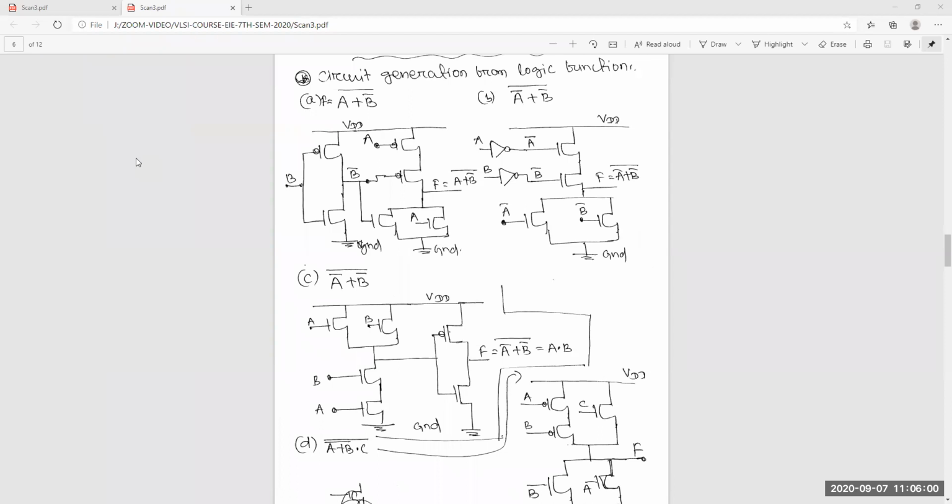From that function you can verify. Suppose this is a bar plus b bar, and I said it is a dot b. I mean, how will we check it in the CMOS circuit? Then I'll draw for this.